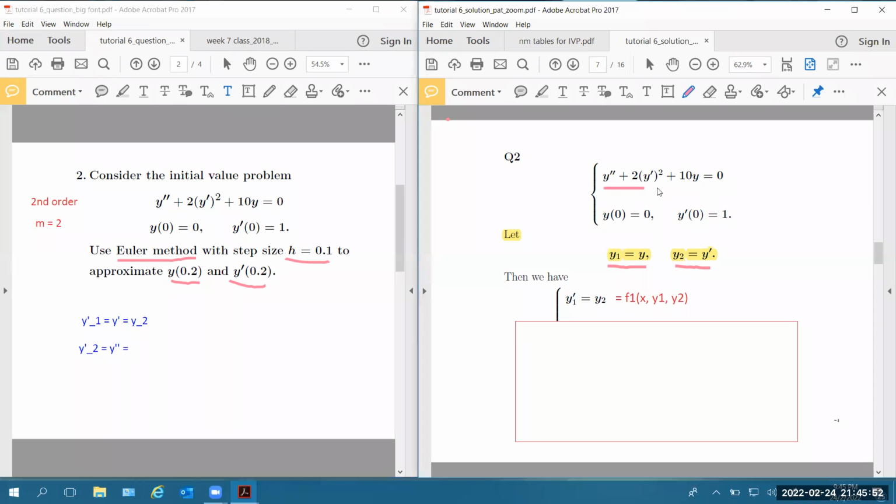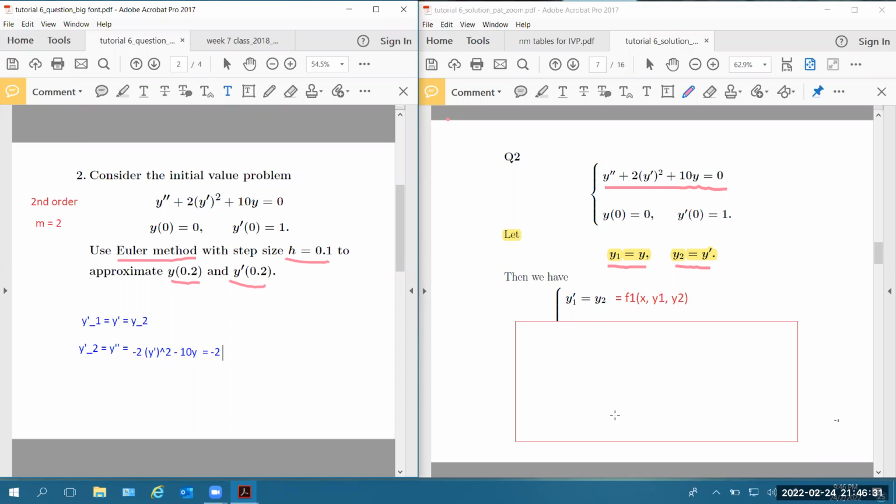You actually get your y double prime from this equation. So these two terms you shift to the other side, and you get minus 2 y prime square, and then minus 10y. Once again, we don't want to have y prime and y, so I will rewrite them.